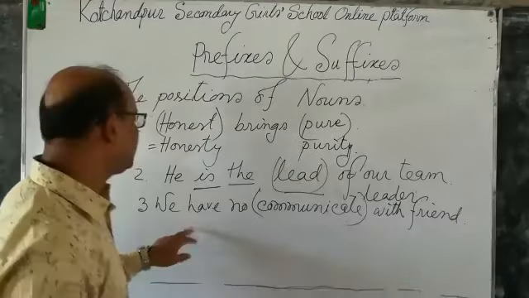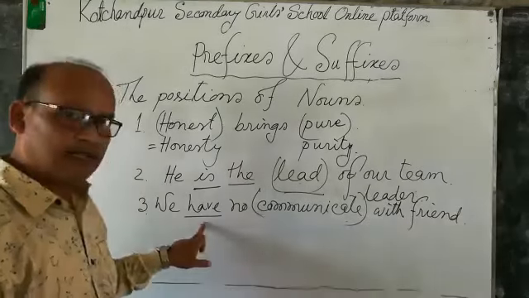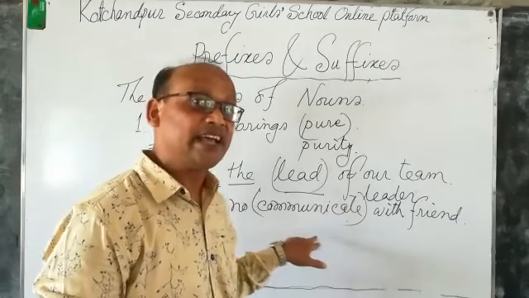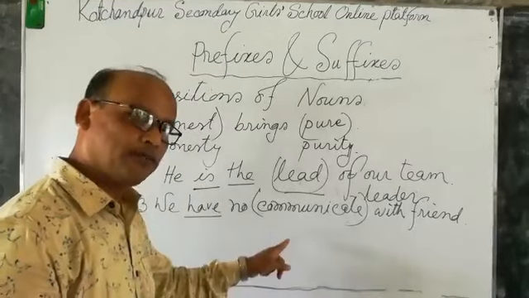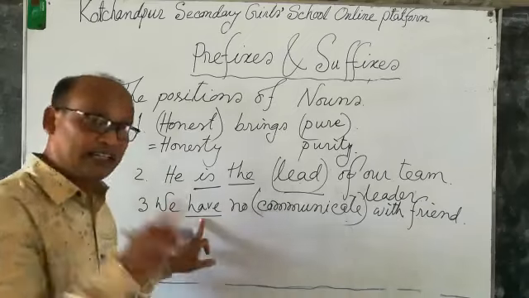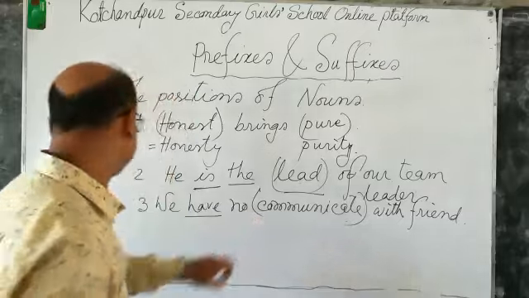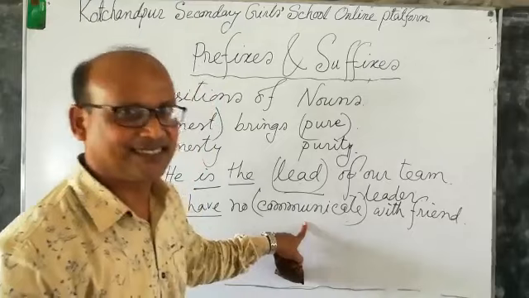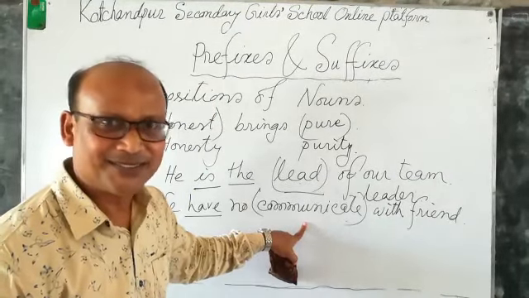Then we can say that after have, has, had, if they are used as principal verbs, nouns are used. Clear? Thank you. So here the communicate will be communication. Really, do you have any communication with your friends? No. Okay.